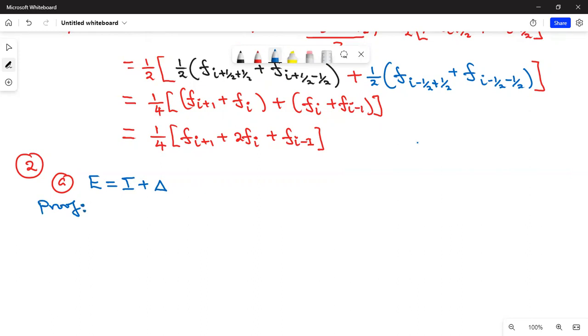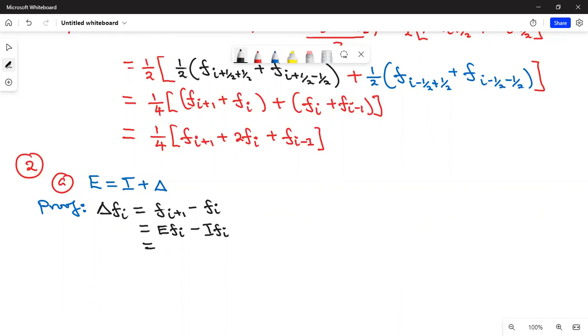You know how we defined our forward difference? Yes. Take note that the forward difference of fi is the same as fi plus 1 minus fi. And this you can as well write as the shift operating on fi minus identity operating on fi, it is the same thing.